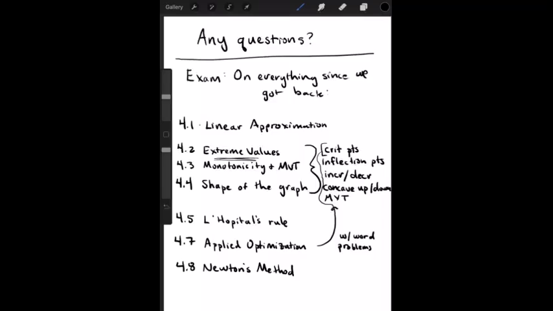Alright, so L'Hopital's rule is a rule that helps us deal with limits. Newton's method is a method that helps us approximate zeros, and other things, as long as we can write it as the zero of some function. And linear approximation is, well, an approximation.